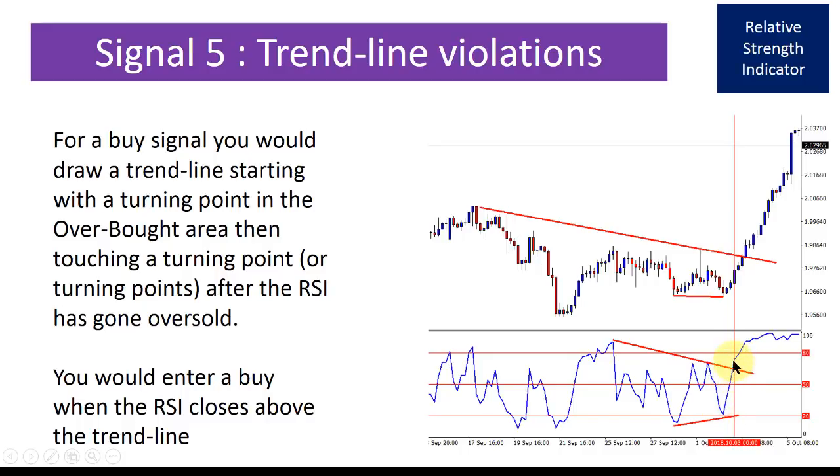So you trade the buy signal, and I draw a line here to show you how the RSI trades into the future, in that there is the real trend line violation.